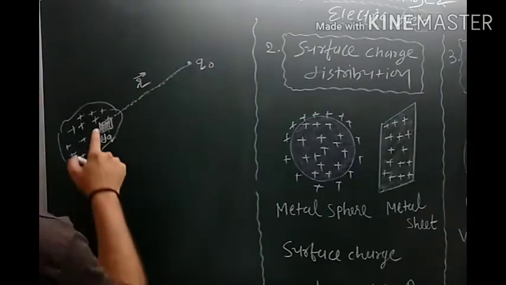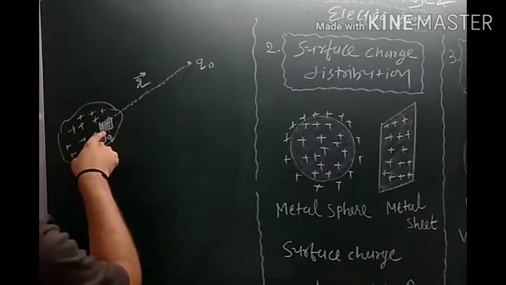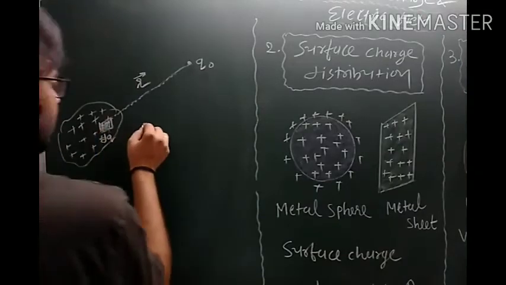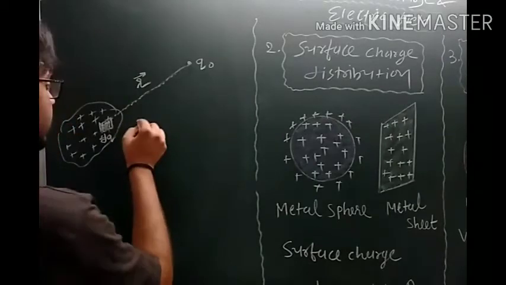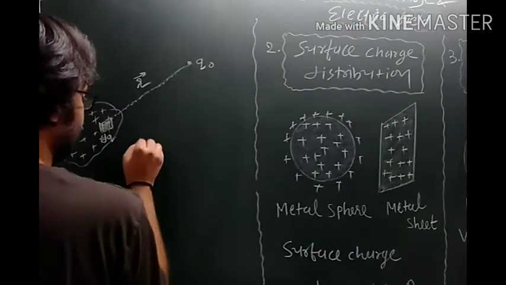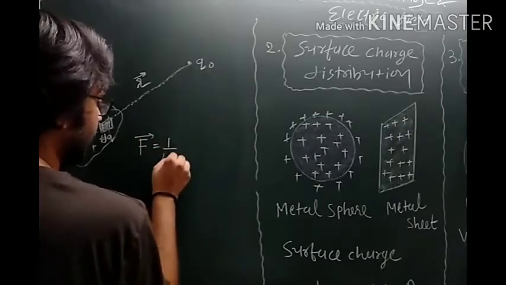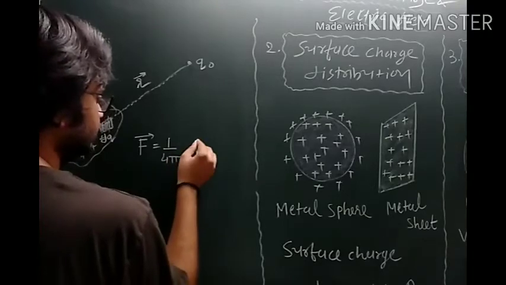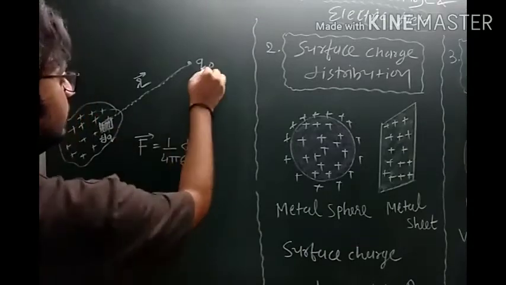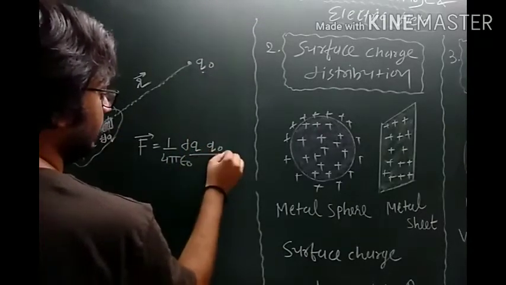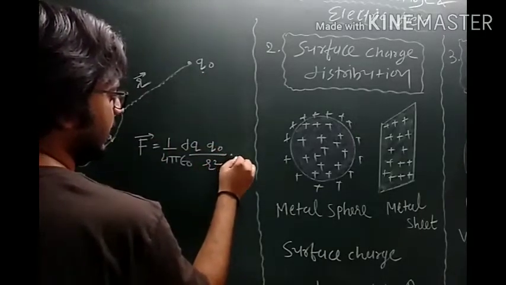Now the force exerted on Q naught due to this small region or these small charges is found using Coulomb's law. So from Coulomb's law, F is equal to 1 upon 4 pi epsilon naught, dq into q0 divided by the distance between these two charges, r square, times r cap.